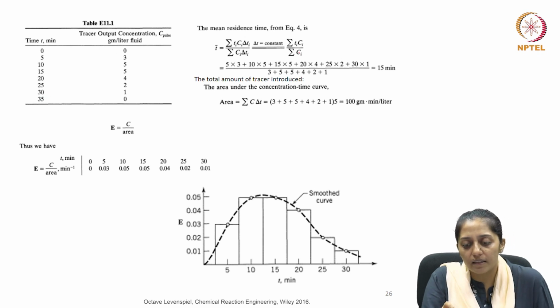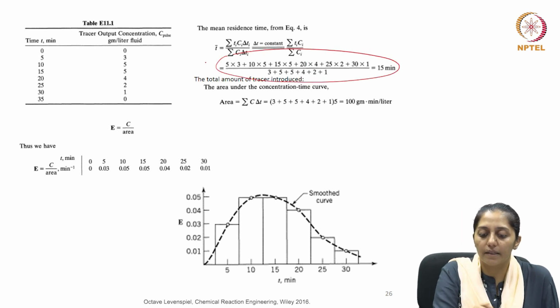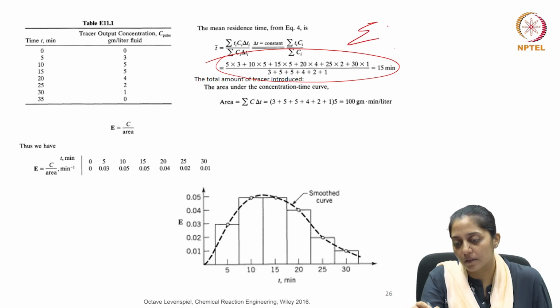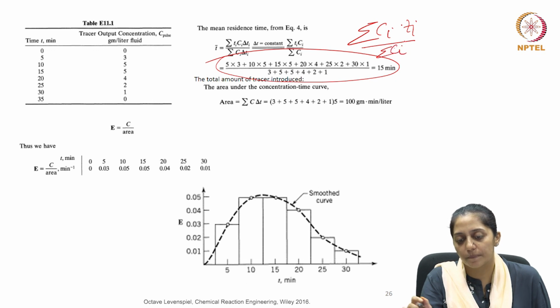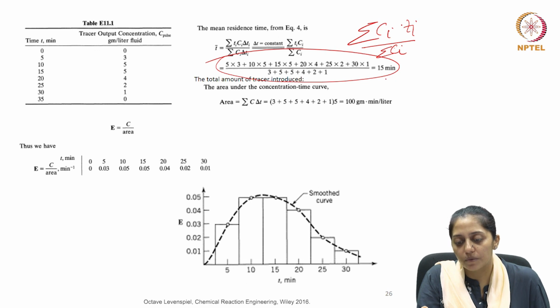If we do that as shown here on the right hand side, by calculating summation C i t i by summation C i, using the table data we find that the mean residence time is 15 minutes.